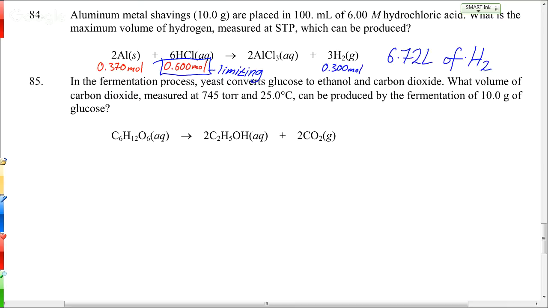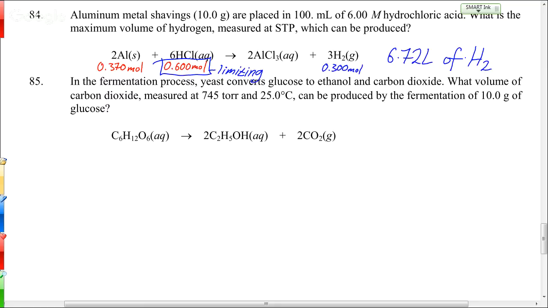Now you could go through the whole thing with calculating the molar ratio and then plugging it in to the ideal gas law. That's totally fine. You should come up with the same answer. I just took a couple shortcuts to make it go a little quicker. And then this last one, yeast converting glucose to ethanol and carbon dioxide.